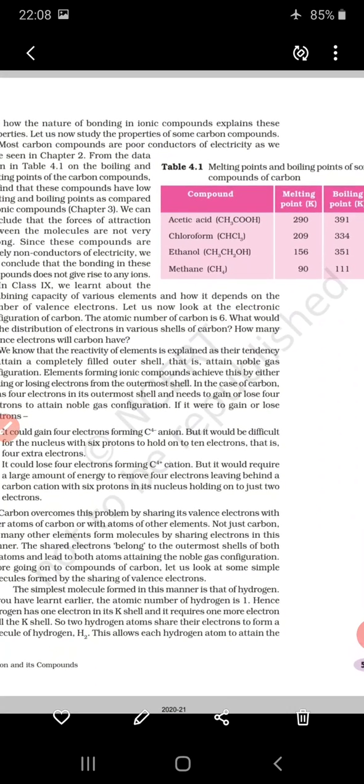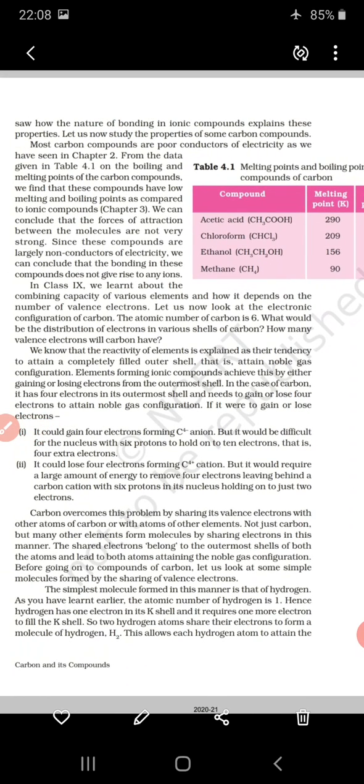Now see, in the previous chapter we learned that ionic compounds have a higher melting and boiling point, and also they conduct electricity. But carbon compounds have a lower melting and boiling point.